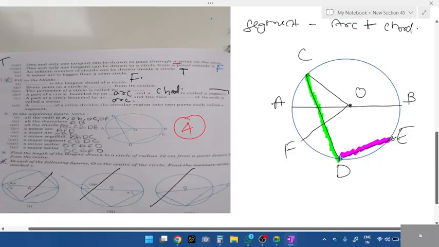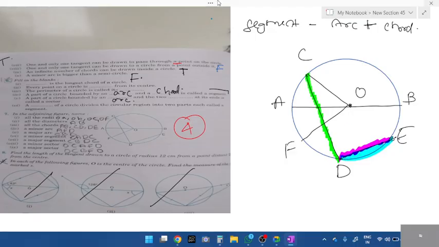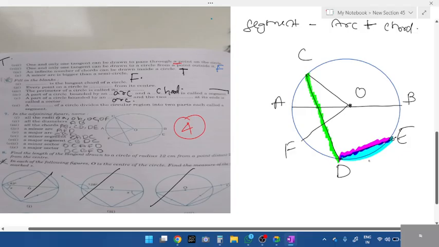Okay, see here, minor segment. DE, students. See, look at the green one, blue one. This is also a segment, but there is no point given. There are only 2 points given, D and E. There is no third point given here.